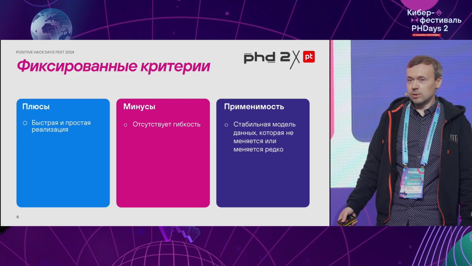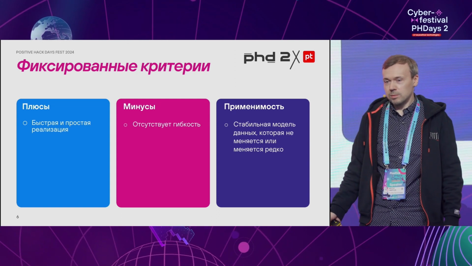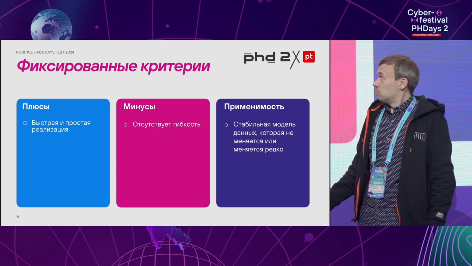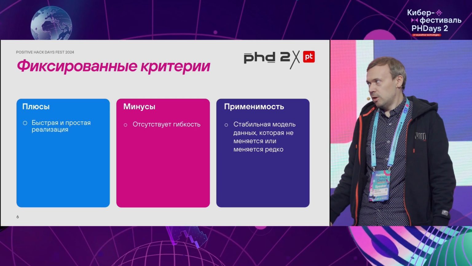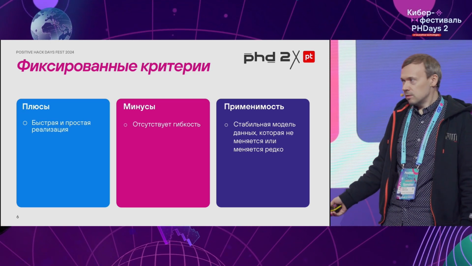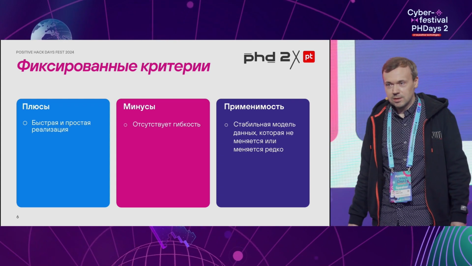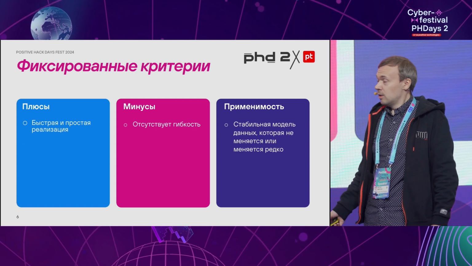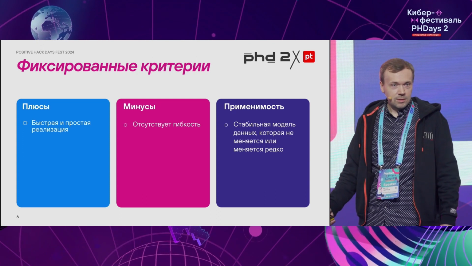Fixed criteria is the approach where at the design stage you select specific fields by which you give an opportunity to search and filter. The plus of this approach is that it's very simple, very basic. You pre-select specific fields, you write the code and it goes okay. The problem is lack of flexibility. If you need to filter using a different field, you would have to change the code of the whole application.